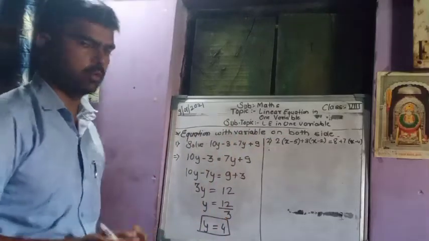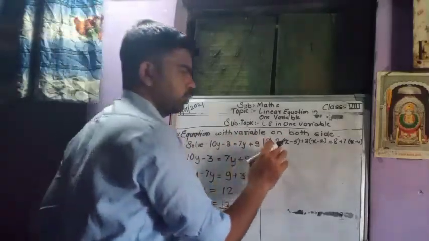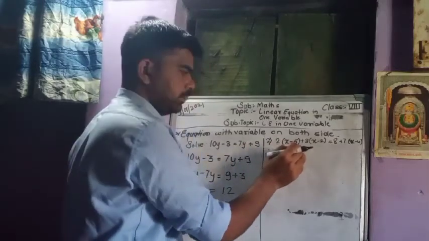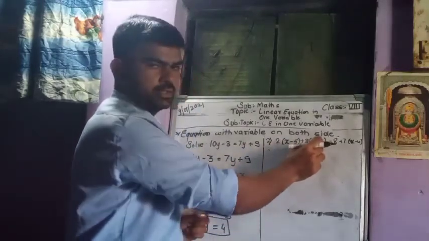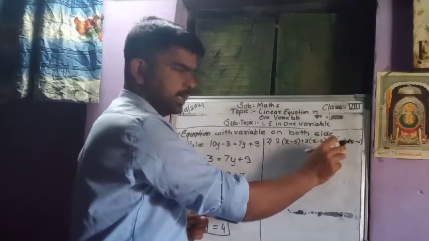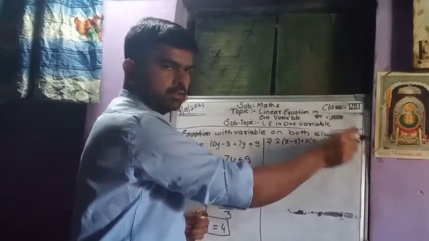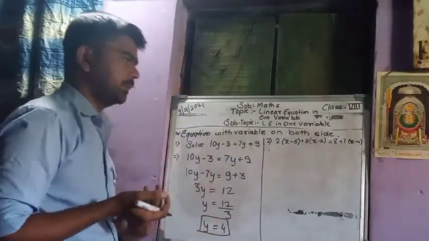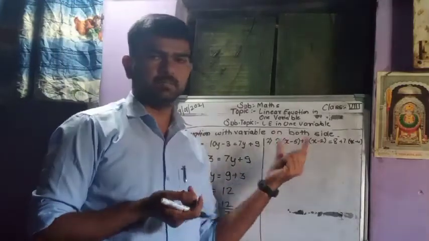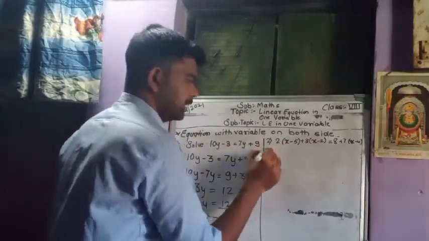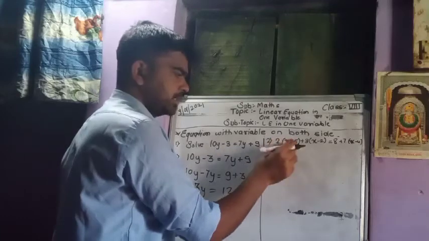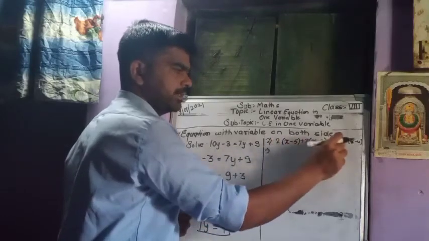We'll look at the second problem. Second problem is like 2 into x minus 5 plus 3 into x minus 2 equal to 8 plus 7 into x minus 4. Then how to solve this type of problem? First we have to solve the brackets. So what we'll do, we'll multiply this 2 with this bracket, this 3 with this bracket, 7 with this bracket.